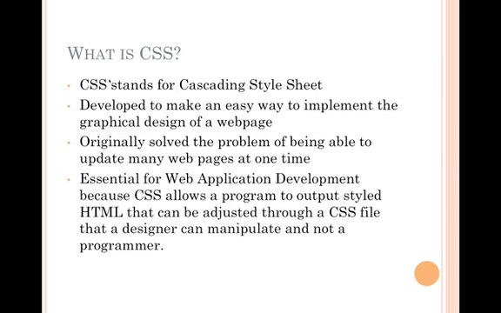Because you have to imagine that if someone was creating by hand a few web pages, the cascading style sheet is very useful to be able to manipulate the visual appearance of just a few web pages.